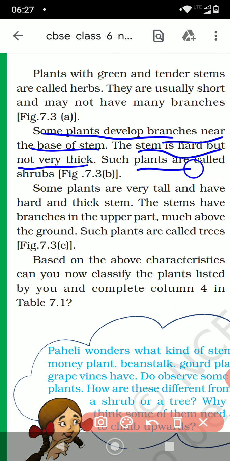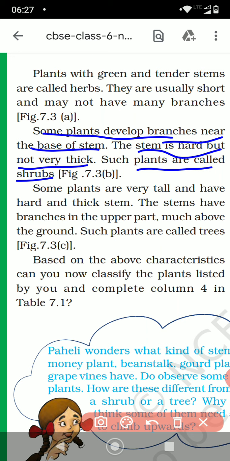Such plants are called shrubs. Means they are thick but not as thick as trees. You can see the tree's stem is so thick and hard, right? So they are called shrubs.